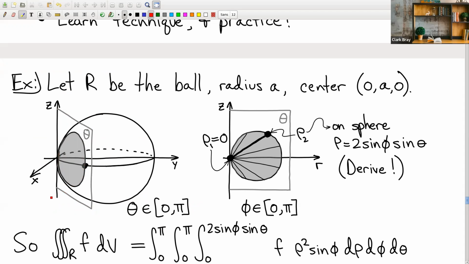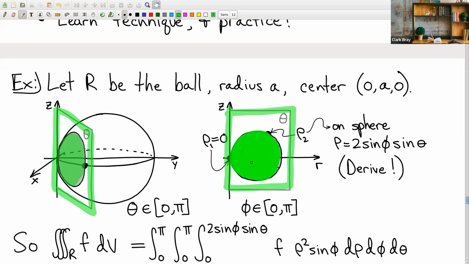So that disk, again, I can think about as living inside this plane that I'm looking at from a weird angle. I like to redraw so that it's easier to see what's going on. So I'm going to look at the picture to the right instead of the one to the left because it's easier.